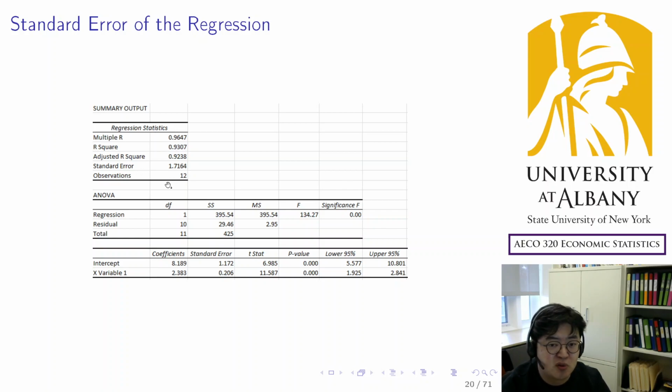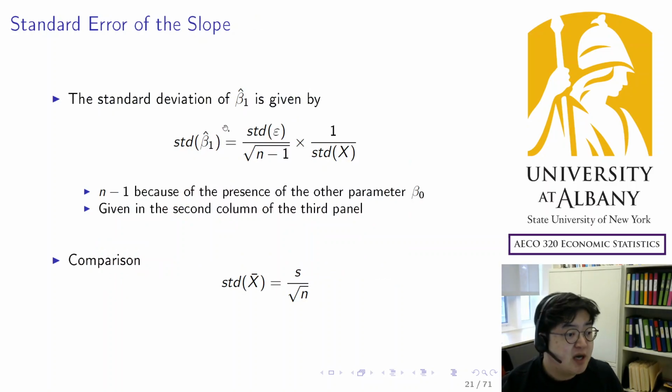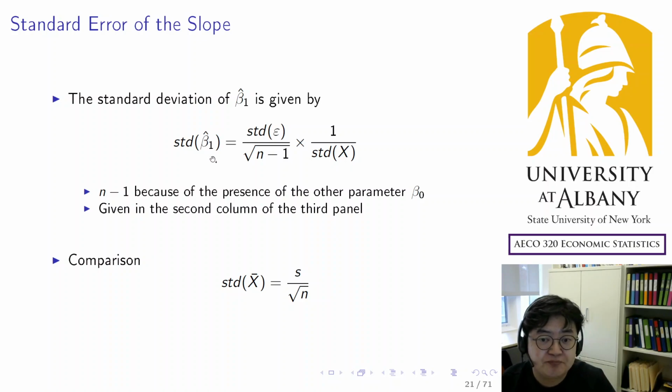Of course, the number of observations, that is obvious. And that is important. The standard deviation of epsilon should be calculated first because we need that to calculate the standard deviation of the estimator, right? As I said, the standard deviation of the error term determines the accuracy of your estimator, right?